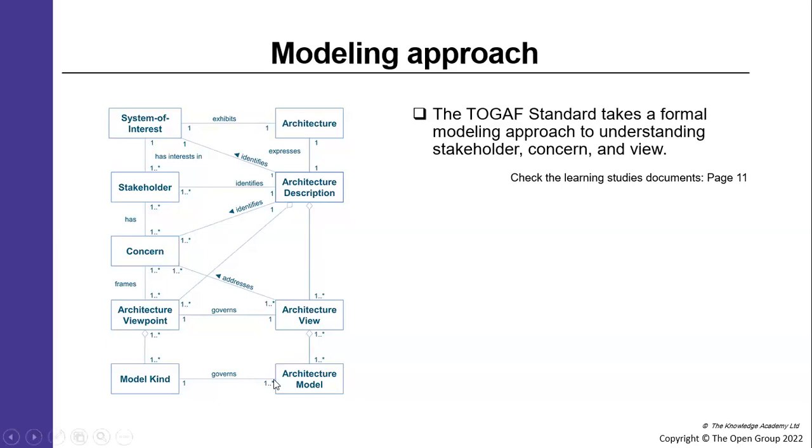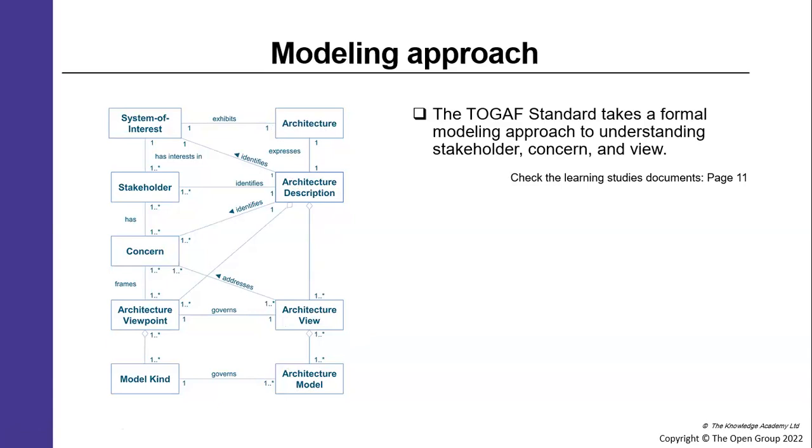Sure. Now, it is an architecture model, right? Here, the architecture view, architecture description, and the architecture. This architecture model will help you create an architecture view. You can use any reference model or architecture model to create an architecture view of the blueprint.